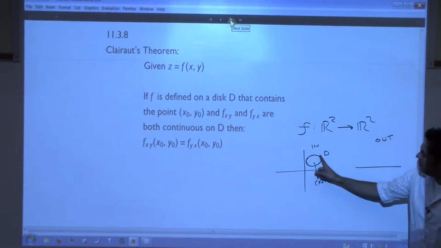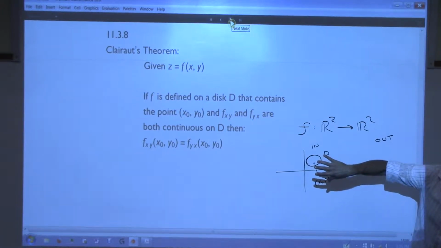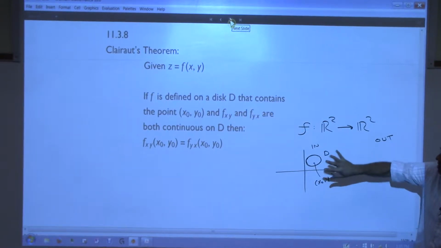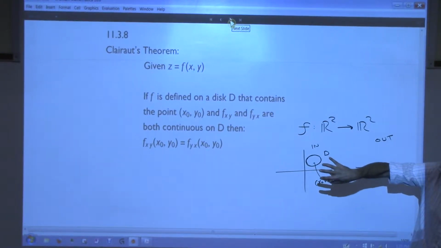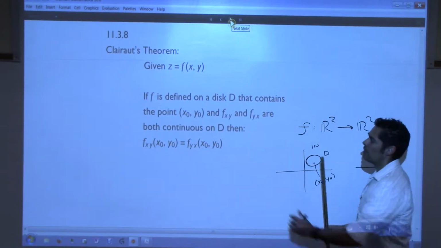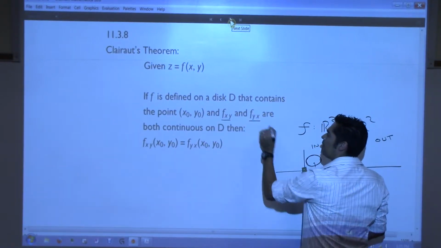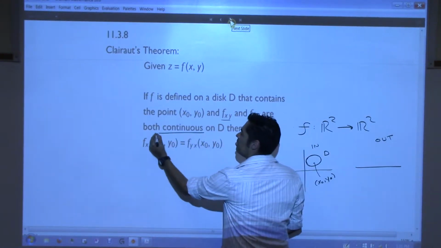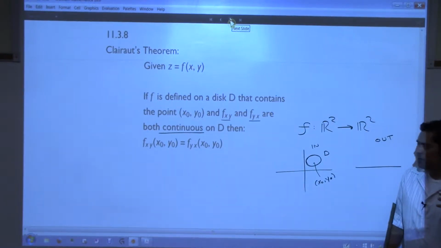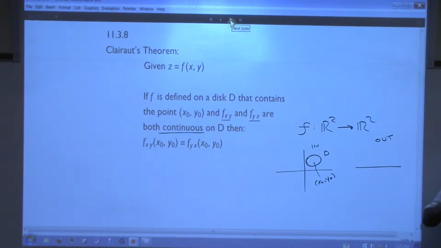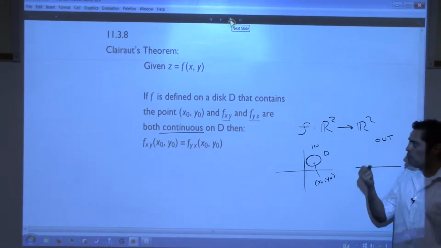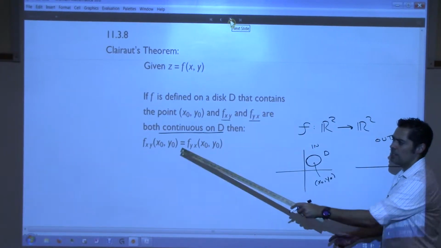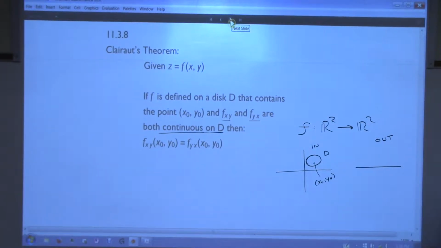You look up on this disk, where the surface is, as long as there is a surface above this disk, and f_xy and f_yx, so that means the partials in both directions, as long as those partials are both continuous, meaning they're not going to have asymptotes or become undefined, as long as they stay well behaved on that disk, then you're guaranteed that the partials are the same in both orders.